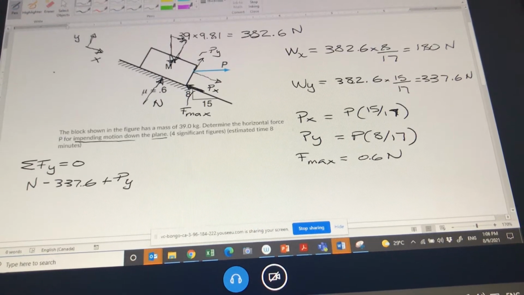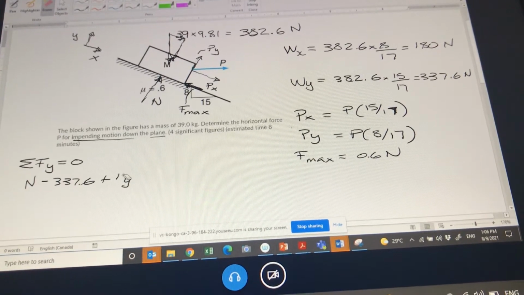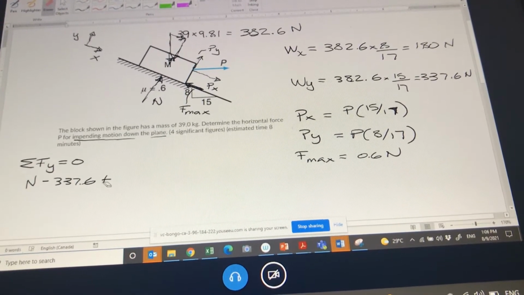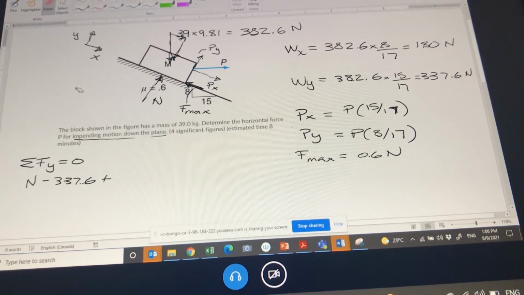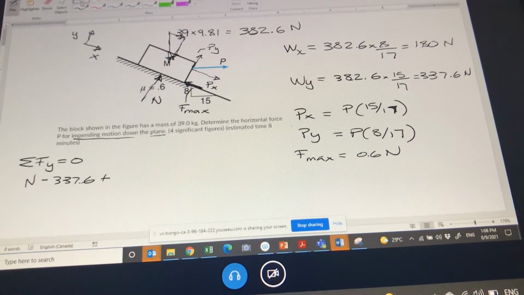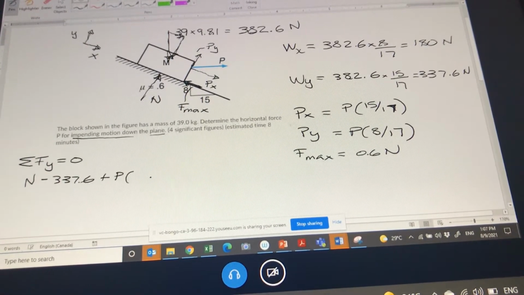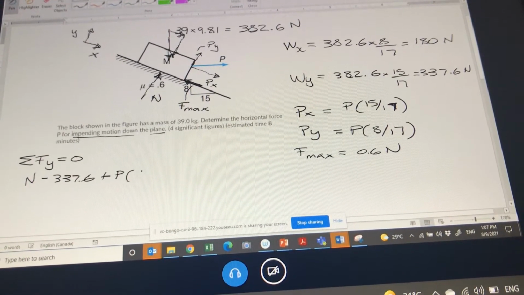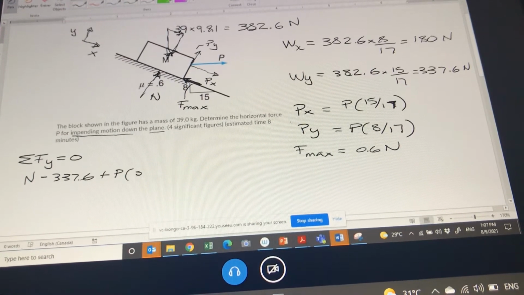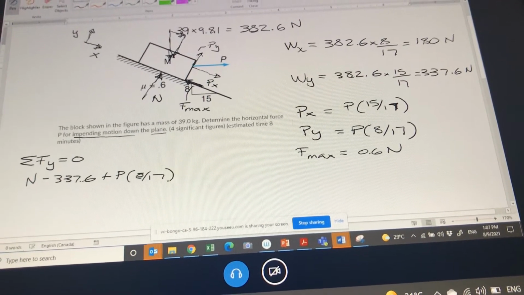So instead of writing Py, I'm going to write P times 8 divided by 17. Okay?